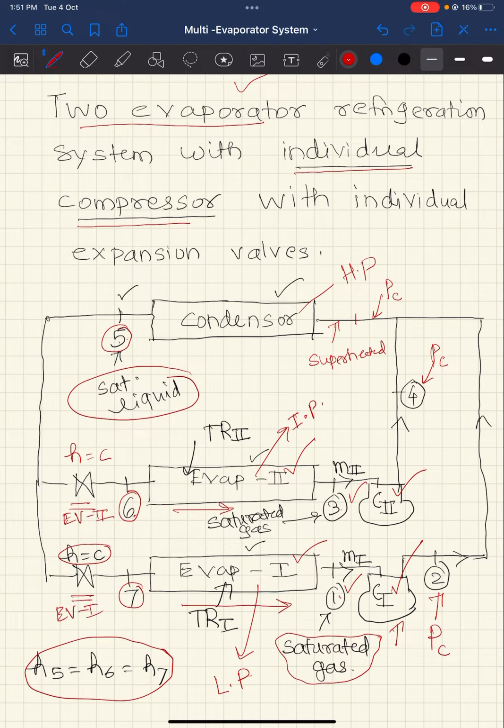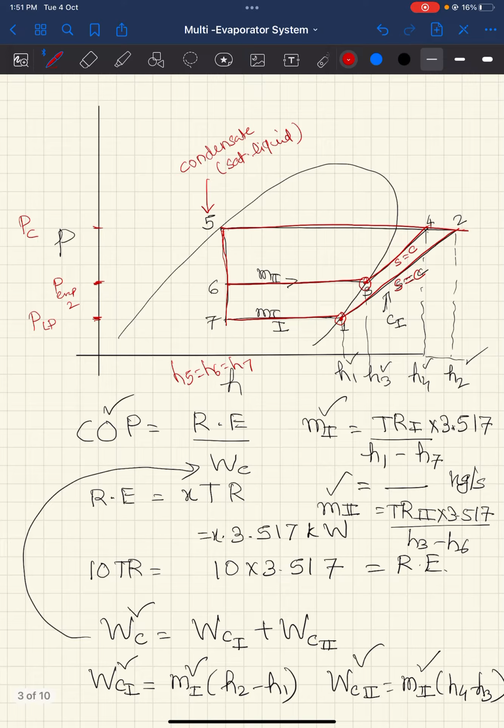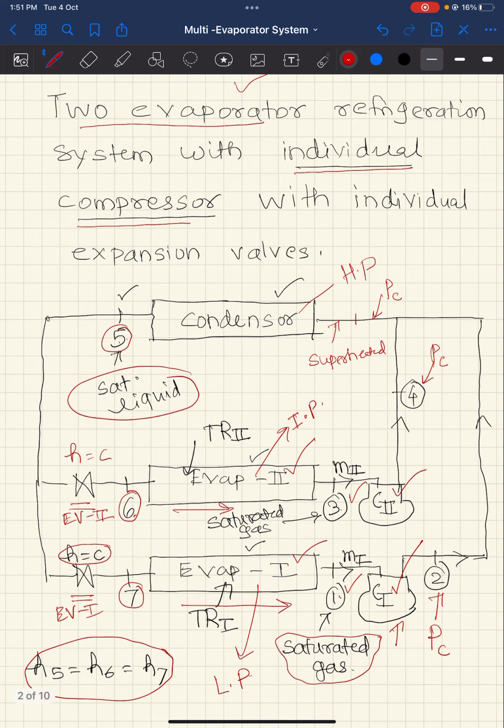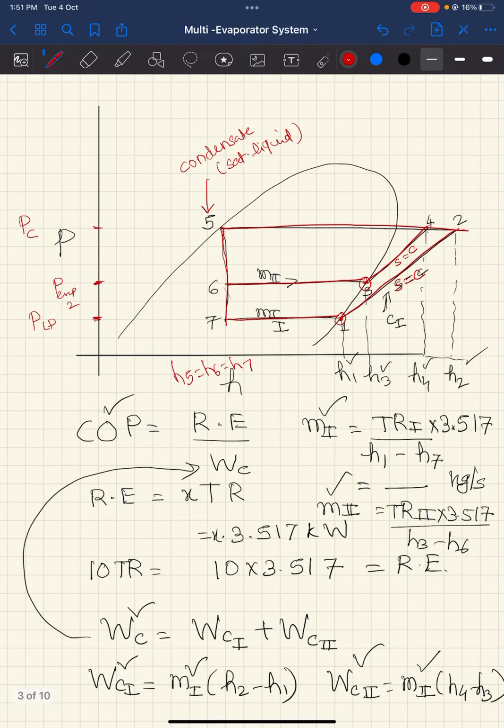From 6, it enters evaporator 2 and comes to state 3. So 7 evaporates to 1, and 6 evaporates to 3. This is the schematic and the representation of the multi-evaporator system with individual compressors and individual expansion valves. So this becomes the arrangement.